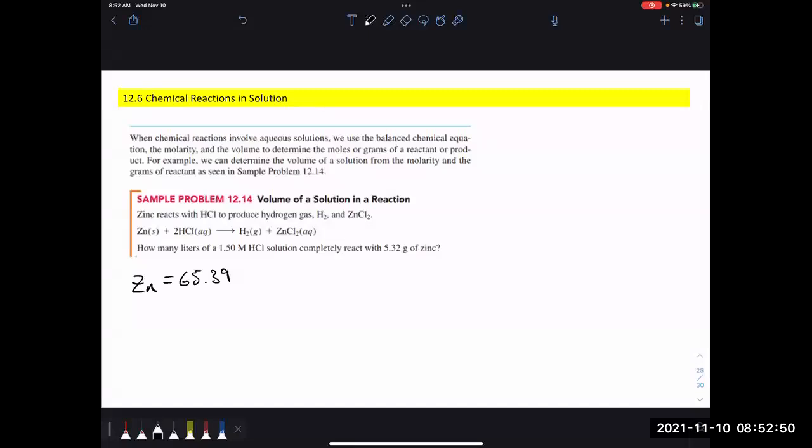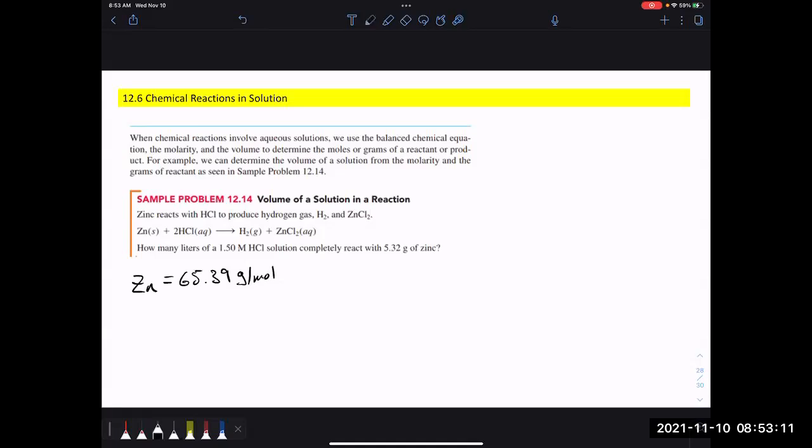See, the wording of this question is tricky. So actually, let me ask this. What do you think we're solving for here? Yeah. How are we going to get there?